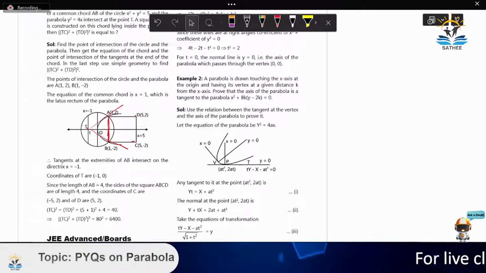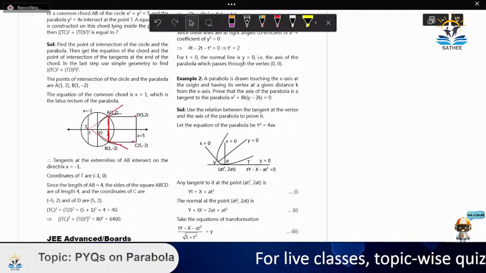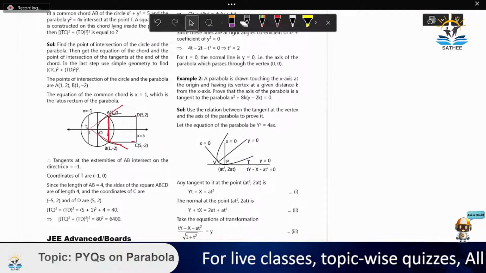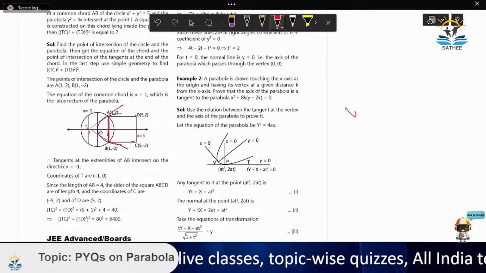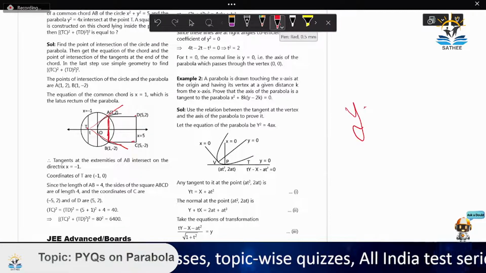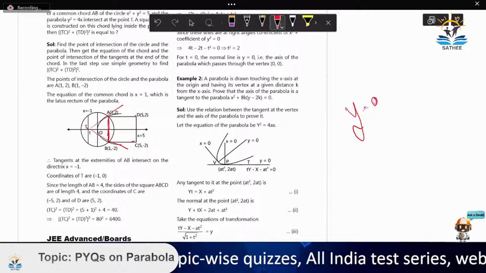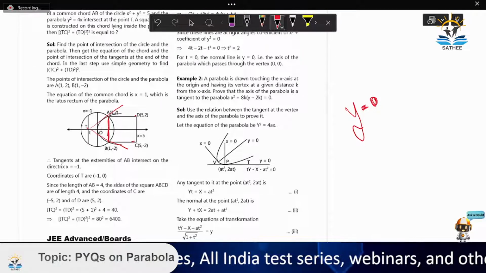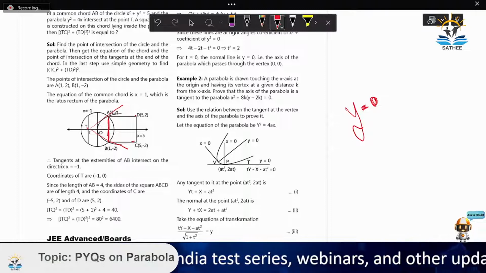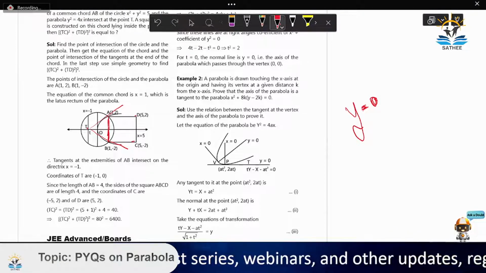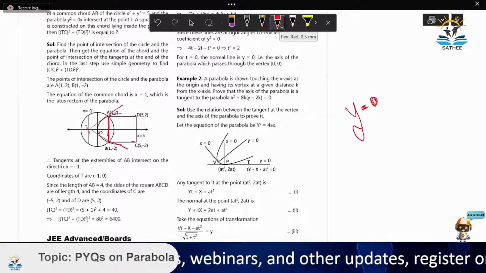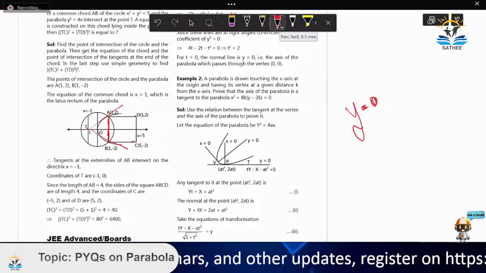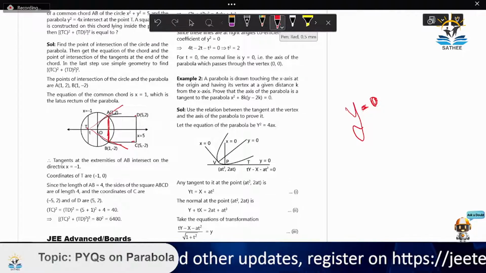Okay, so let us solve. First of all, we know that the x-axis, y is equal to 0, is the tangent to the parabola, right?